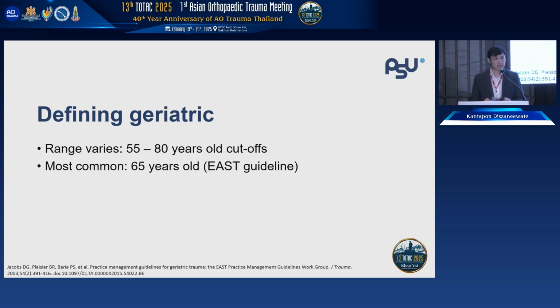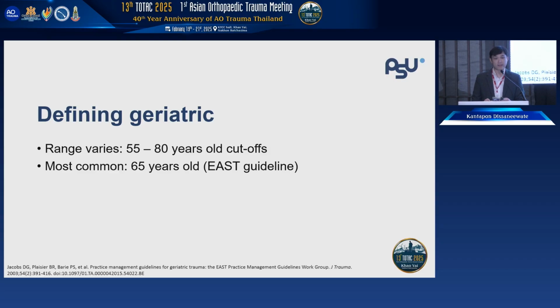So defining geriatric. According to many guidelines, there is still no consensus on who we should call a geriatric patient. Some surgeons now are nearing their 60 or 65. Some are 70 already. And I assure you, those surgeons do not think of themselves as geriatric patients, right?